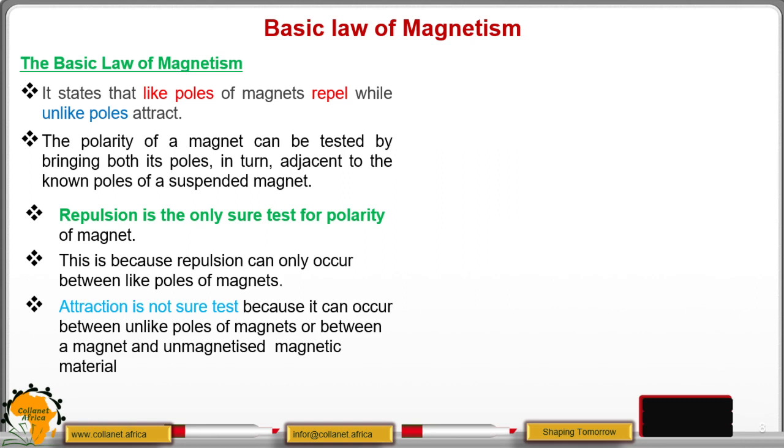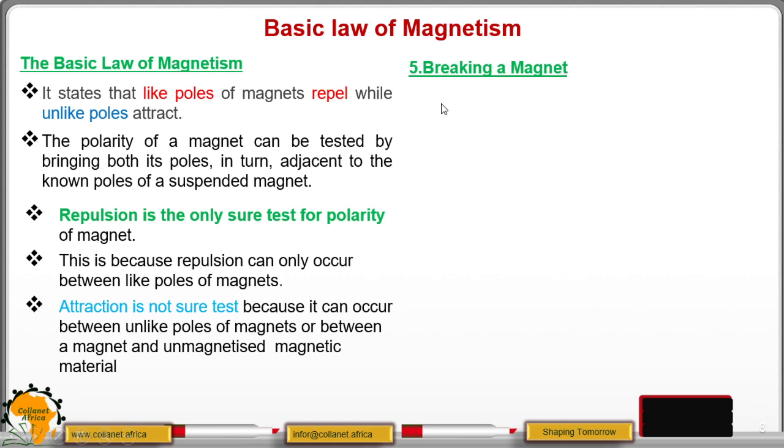So an attraction cannot be a sure test of the polarity, because it can occur between unlike poles of a magnet, or between a magnet and an unmagnetized magnetic material. So that is why, if you want to know the polarity, you only use the repulsion, because the repulsion will only occur between like poles.